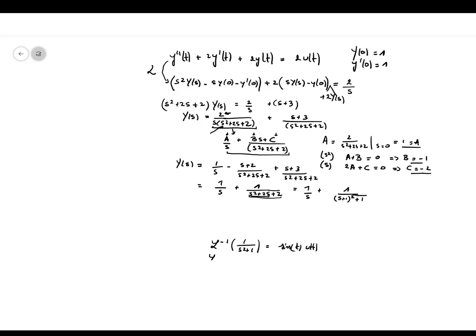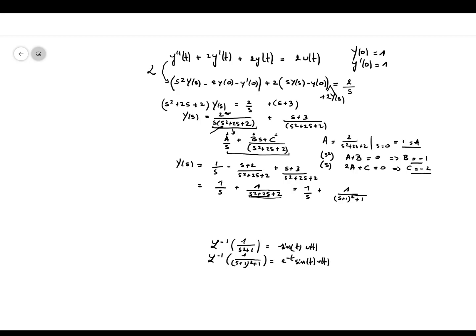Okay, and the Laplace transform of 1 over s plus 1 squared plus 1, but what we'll do here is use the frequency shifting property, and this will lead us to e to the minus t sine t u of t.